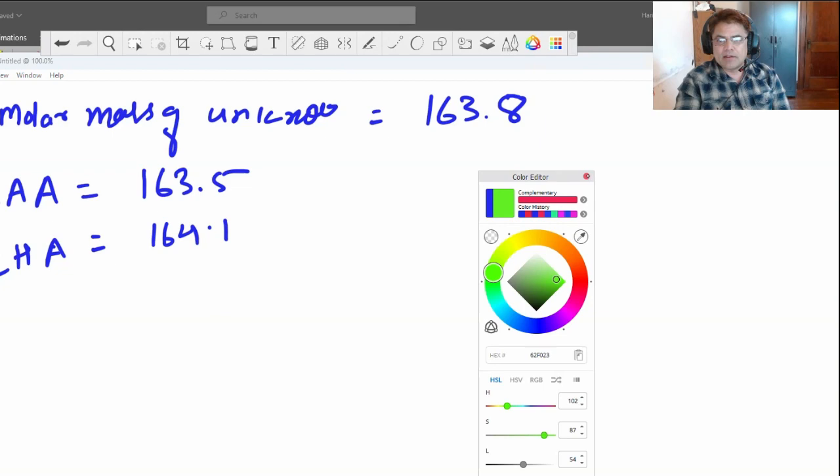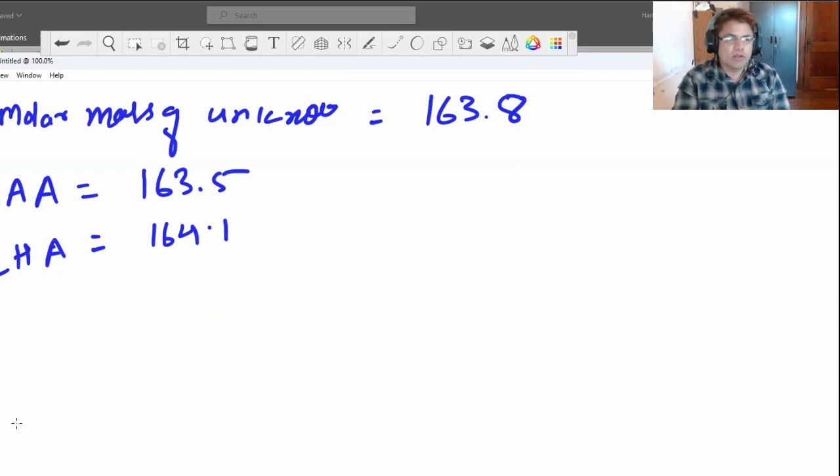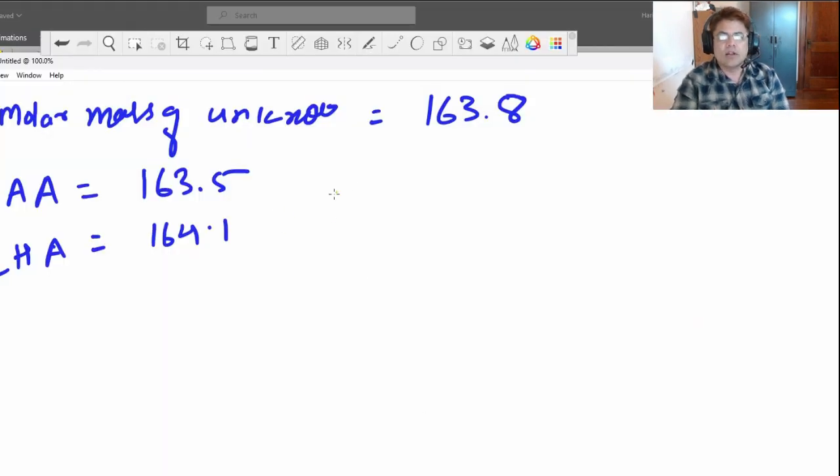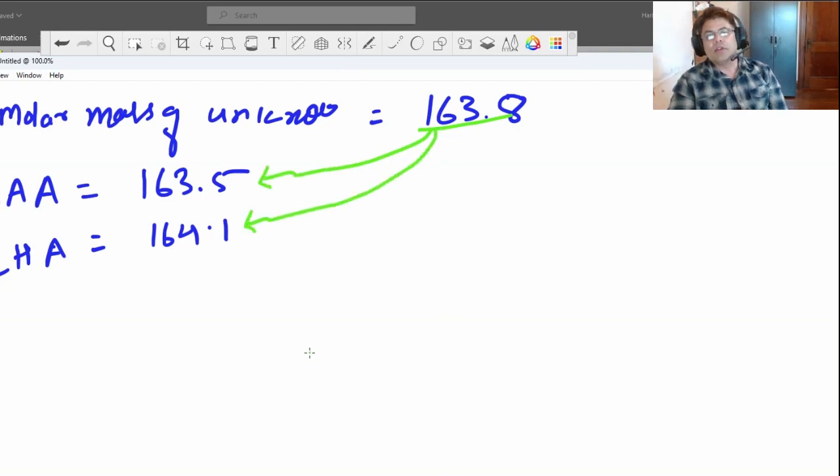What is the dilemma here? Two are the same, all others are scrutinized, guys. You see that 163 in that range, only these two remain, all others are gone. We are 100% sure that all others are not. But this can be either one, so in that situation we have to do other things also.